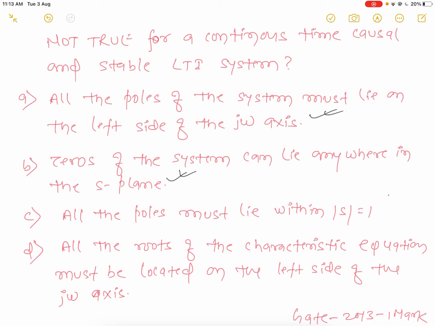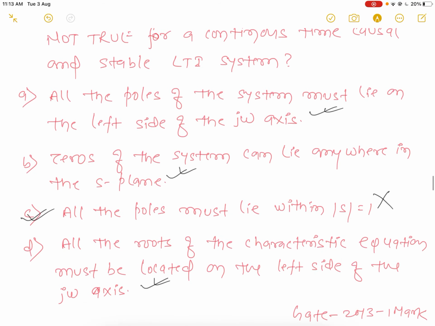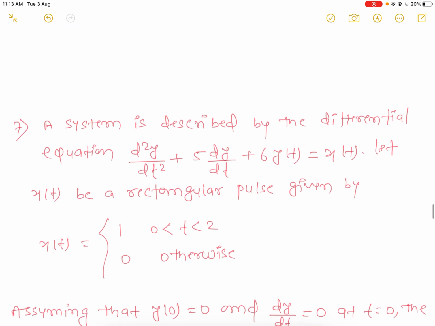For stability, poles must not go to the right side, so this option is not right. All the roots of the characteristic equation must be located on the left side of the j omega axis, so this one is also a right option. We have to find the not true one, so option C is the not true statement. This question came in 2013 for 1 mark. Now comes to the next question.